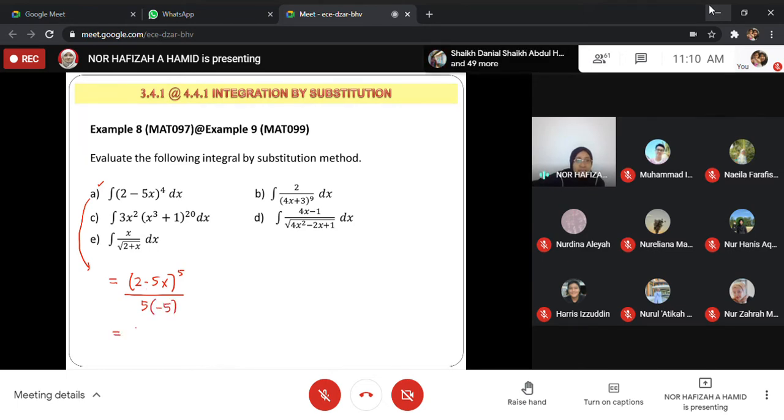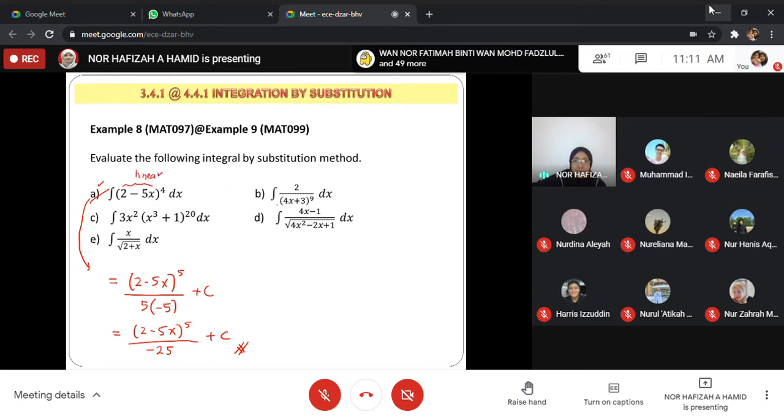So the answer is 2 minus 5x to the power of 5 over negative 25 plus c. If you solve using the formula, the final answer is the same as when you solve using the substitution method. A can be solved using the formula because the function is linear.